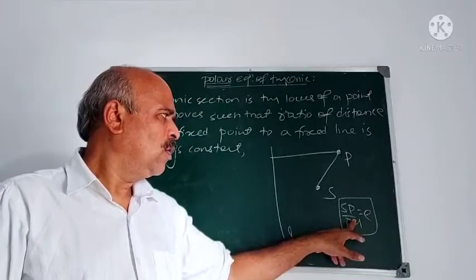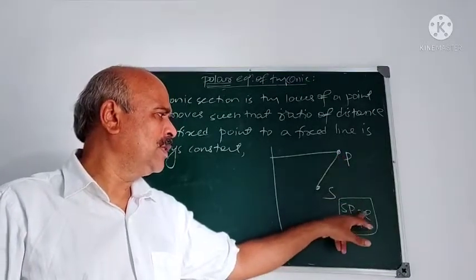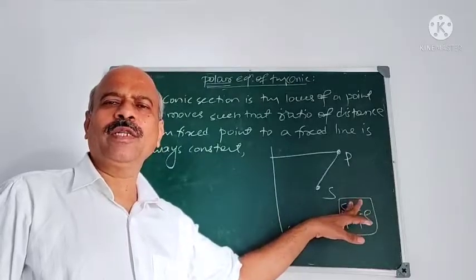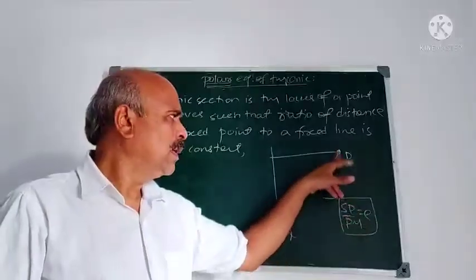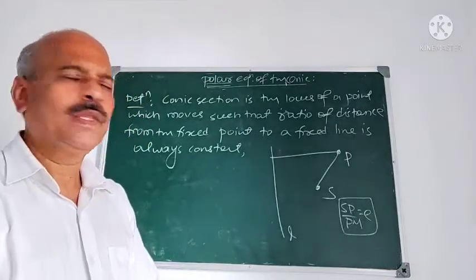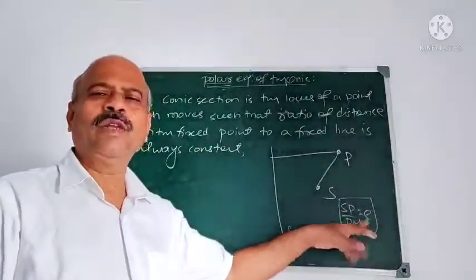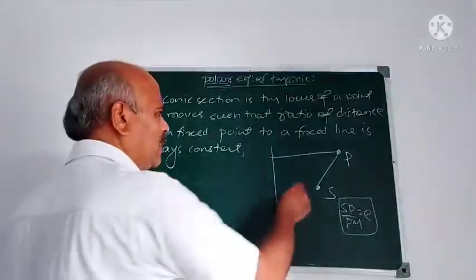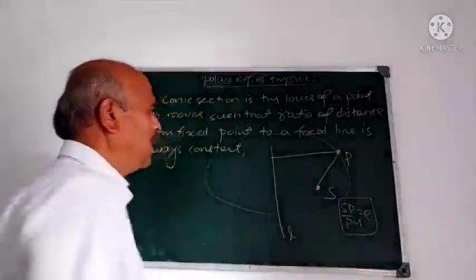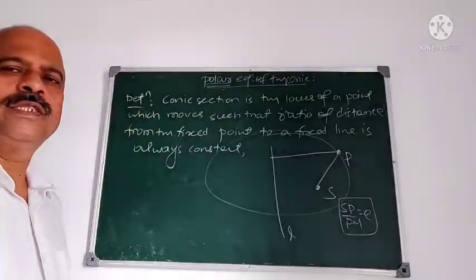Always this P should keep this ratio as 0.3 only. SP by PM is 0.3. Then the locus of that point is called a conic section. And in this case, E is less than 1, you will get an ellipse. What is an ellipse? The ellipse will be like this. This is the ellipse.